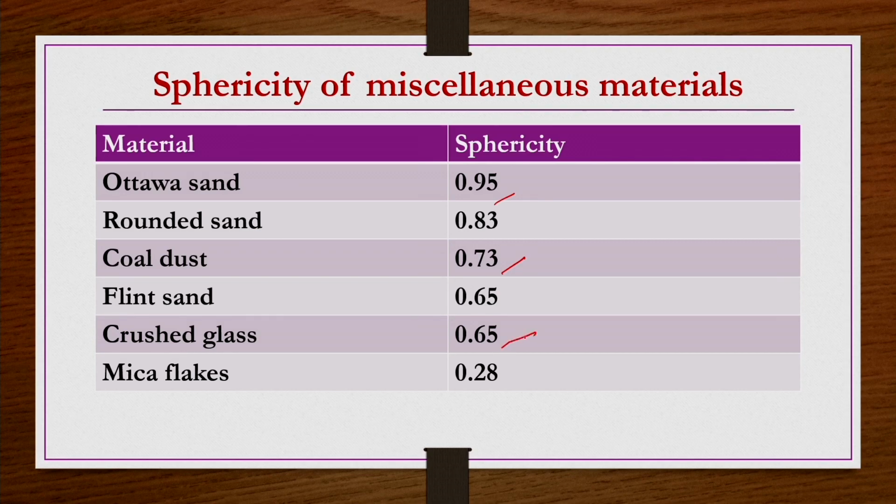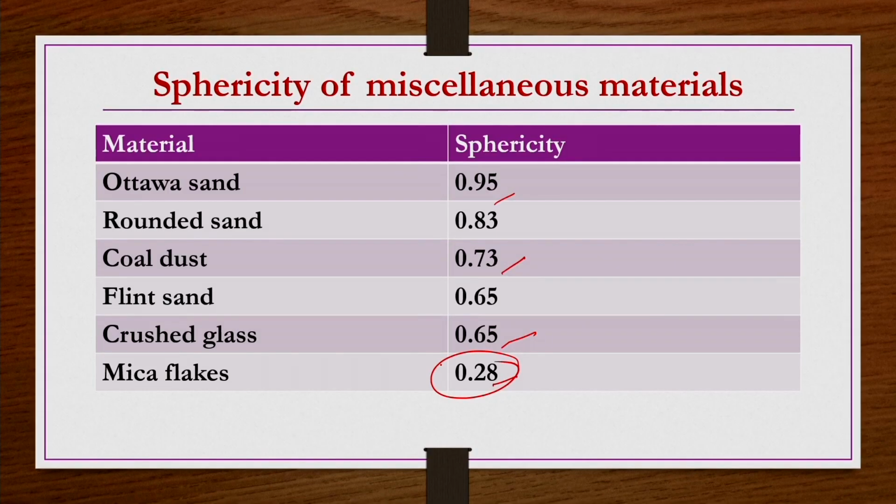And then mica flakes have 0.28. When you crush mica material into smaller sizes, you get almost plate-like material. Since the shape of the plate-like material is not at all close to spherical, the sphericity for mica flakes is very small.